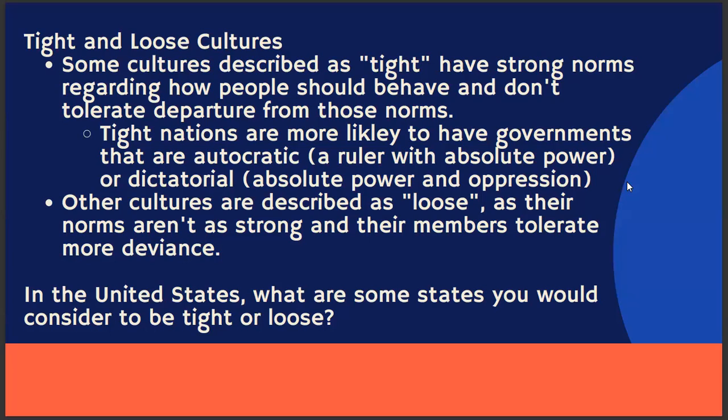And this could, like in the United States, where we have 50 states, also change from state to state, different cultures. But I'd say overall, the United States is a pretty loose culture in terms of how strong of norms we have.